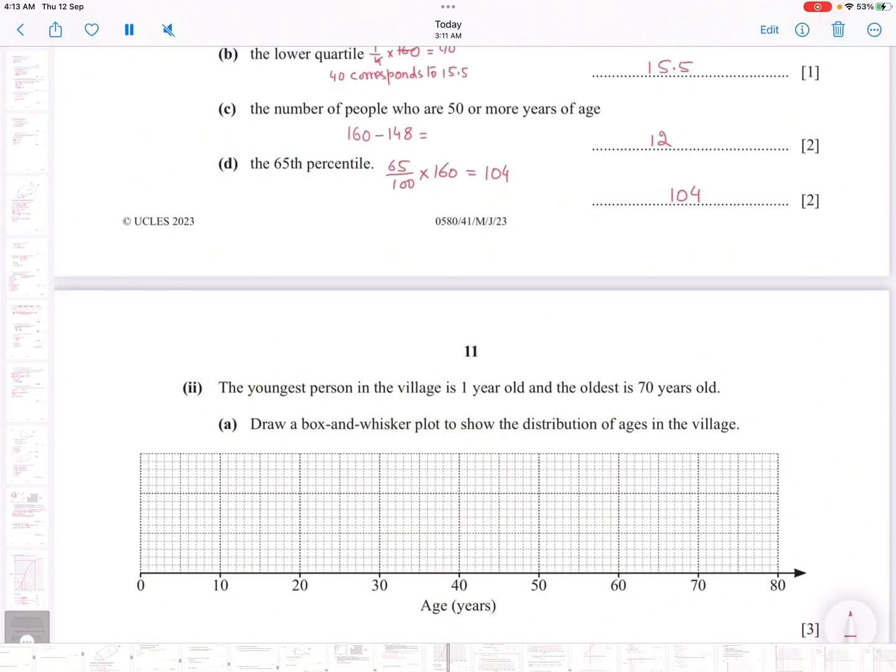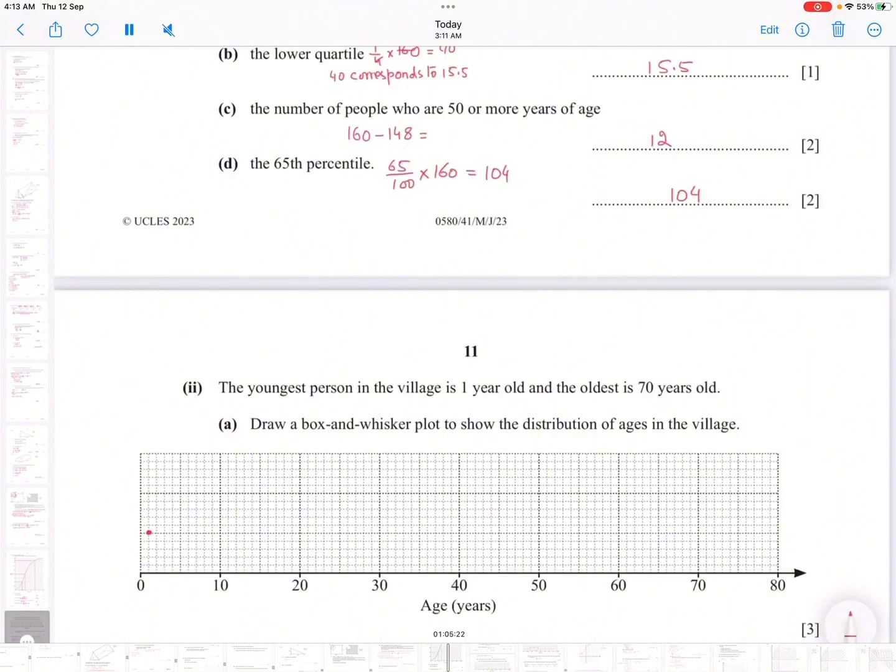104. Alright, the youngest person in the village is 1 year old and the oldest is 70 years old. Draw a box and whisker plot to show the distribution of ages in the village. Okay, 1 year old, so you mark it on this.